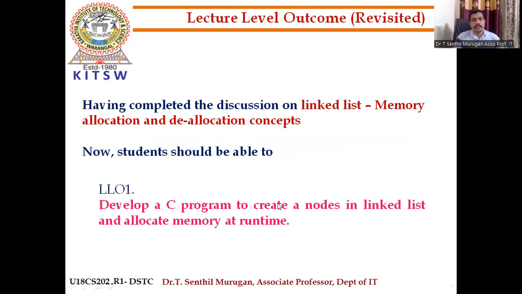Having completed the discussion on linked lists and memory allocation and deallocation concepts, students should now be able to develop a C program to create nodes in a linked list and allocate memory at runtime. Using the malloc function you can allocate the memory, and after using this memory, you can free it, that is deallocate the memory also. So you know the concept, you can implement it.